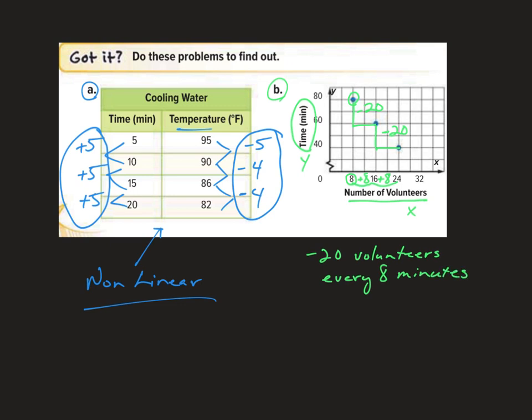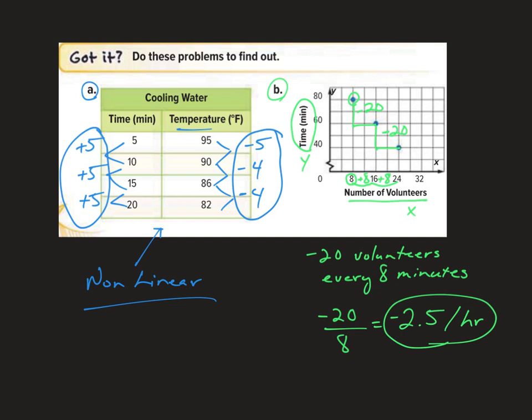To break this down to a unit rate, we can take our change in y over our change in x, and we've got negative 20, which is our change in y, over 8, which is our change in x. When we divide that, we get negative 2.5 volunteers per hour. So that's our unit rate, negative 2.5 volunteers per hour.